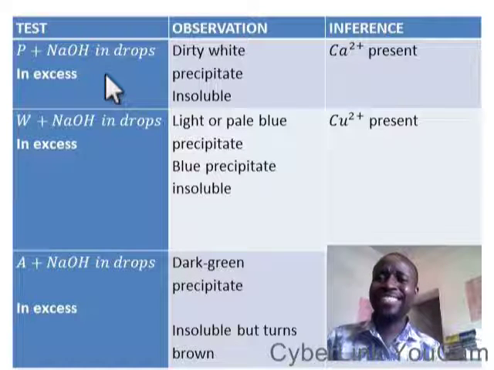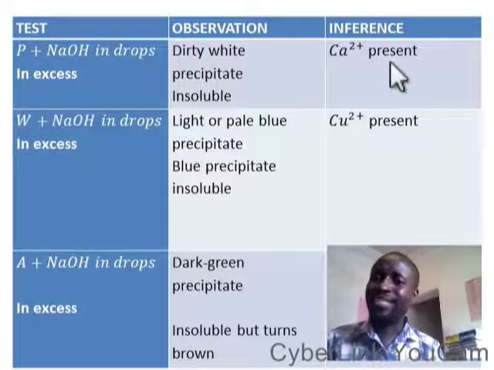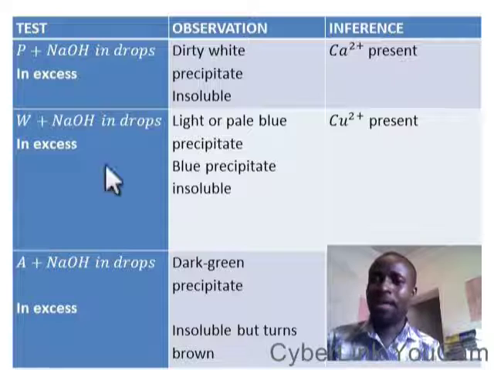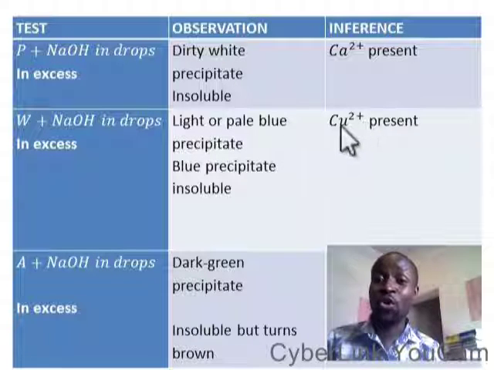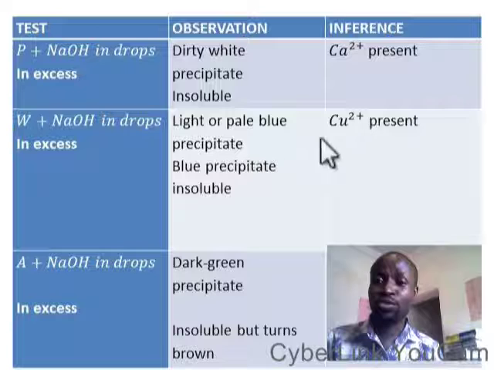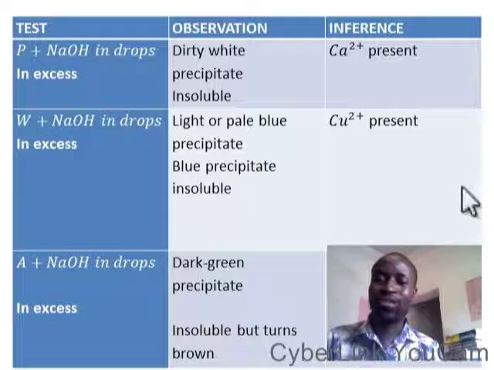And when you add it in excess, it's insoluble. If it is insoluble, it is calcium. Now, W plus sodium hydroxide in drops. If you have pale blue precipitate, let your mind be going to copper, Cu2+. Now, in excess, the precipitate is insoluble. We are still talking about copper.